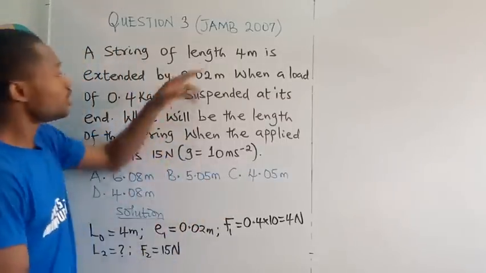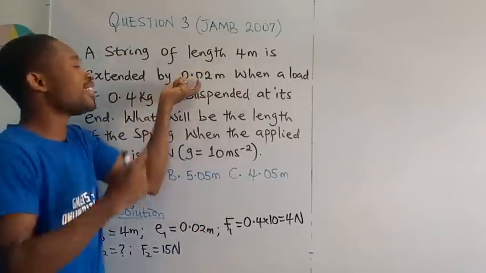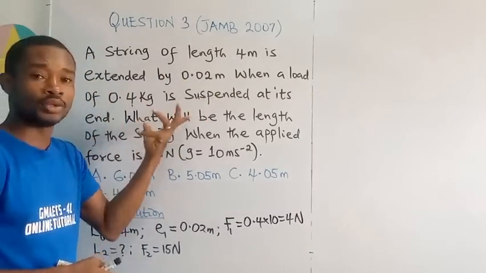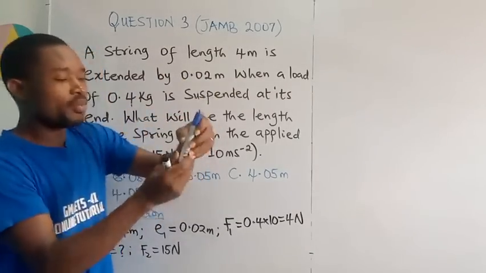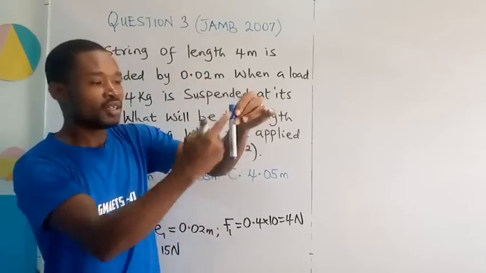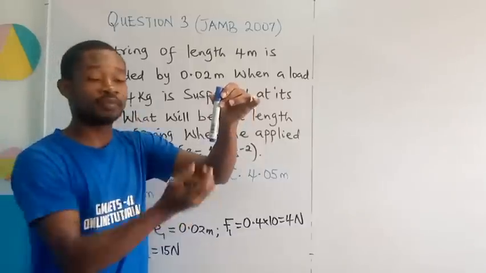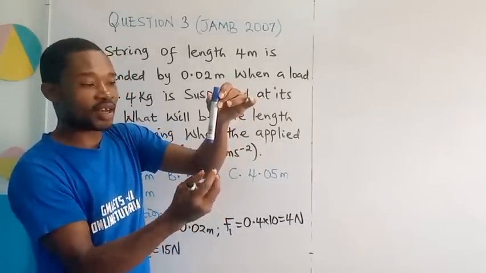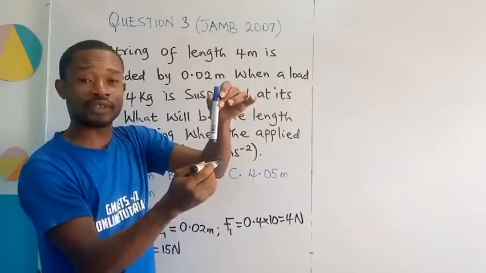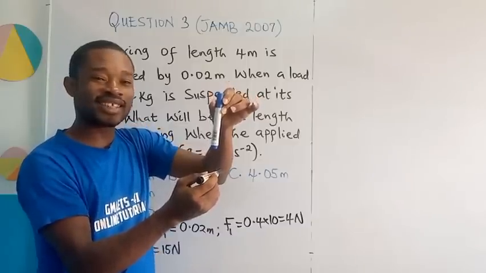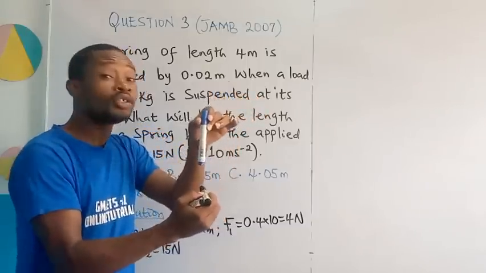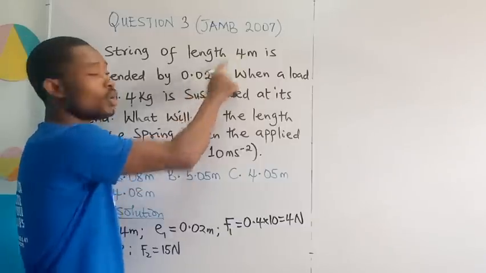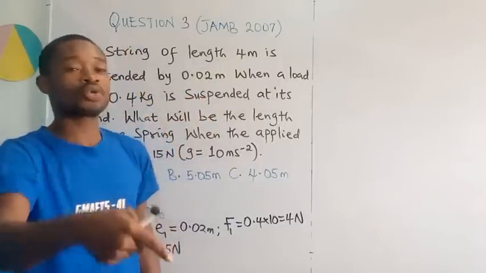I'm going to tell you, if the original length is 4 meter and the extension is 0.02 meter when this load was added, it simply means that maybe you had the spring to be something like this, length 4 meter. Now there is an extension of 0.02 meter. So let us say now that the spring extended up to this level. You now see that to get the new length under that condition 1, the initial condition, is going to be 0.02 plus 4, which will give you 4.02 meter.